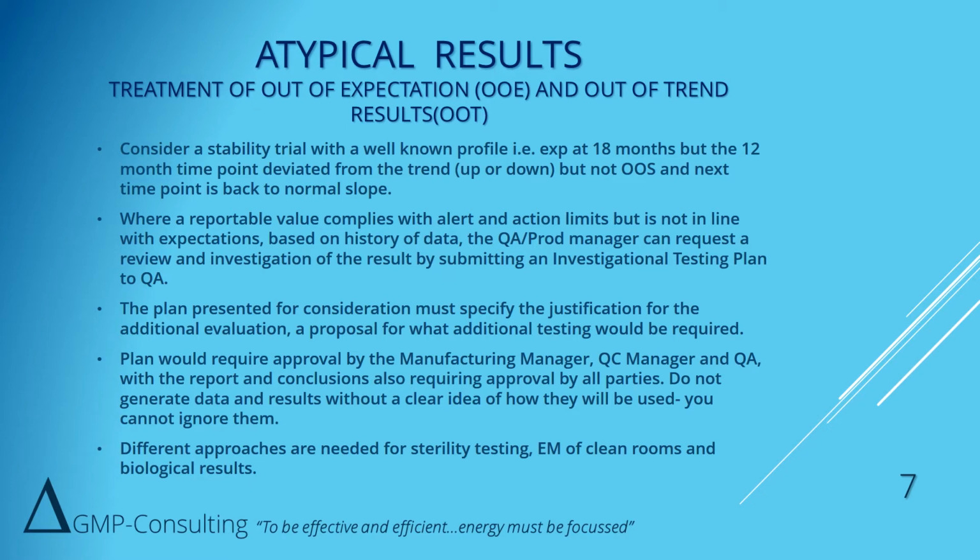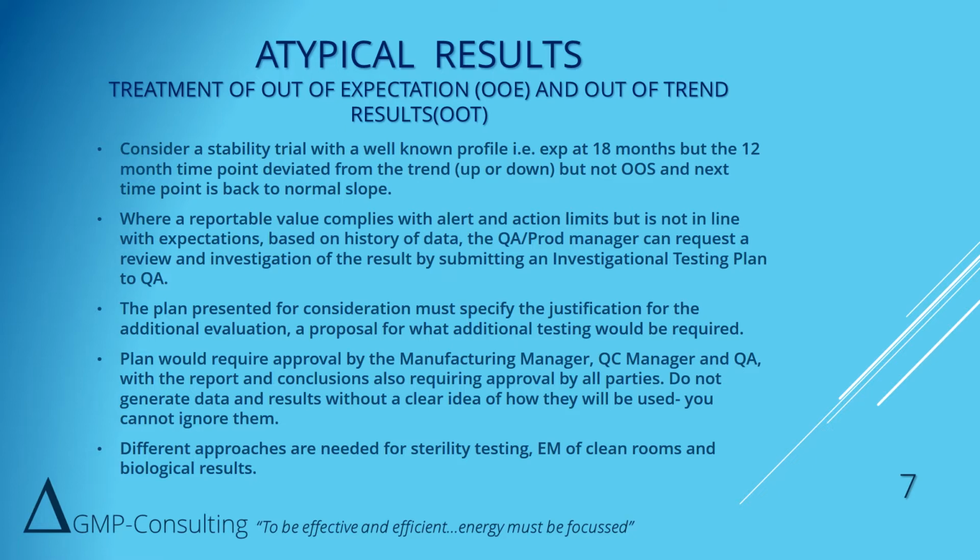Some practical examples could be, for example, a stability trial, where it's following a steady trend or no trend at all, just a straight line, and then there's one down movement, but it's still within specification.